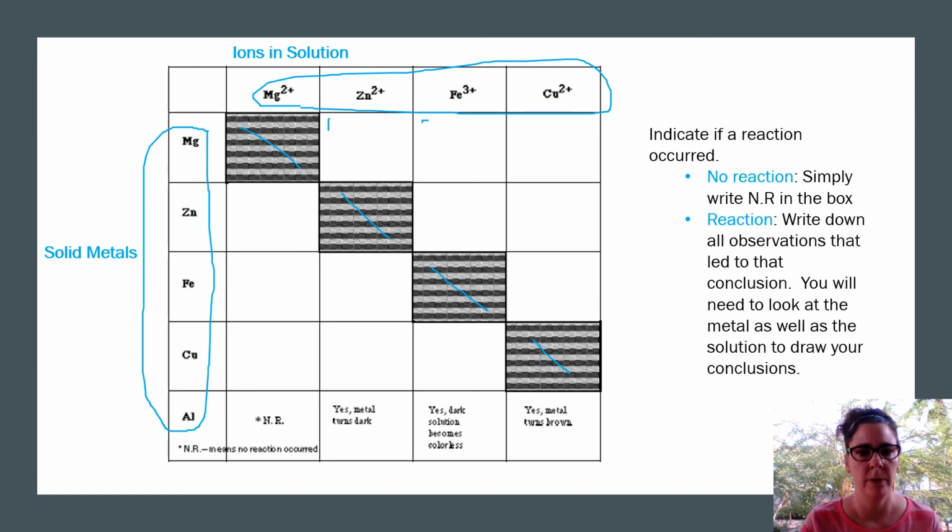Number 2, we would put a solid piece of magnesium into a solution of iron 3, and we would observe any reaction we would have there. So that's how these go. On the next one down here, we'll call it 3, this would be a solid piece of iron placed into a solution of magnesium ions. Okay, so that's how this chart is read, and you're going to record your observations.